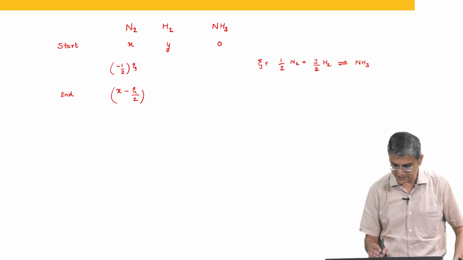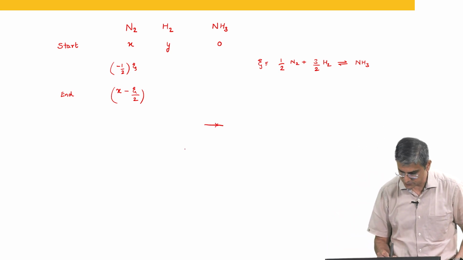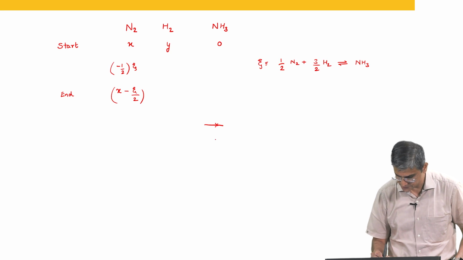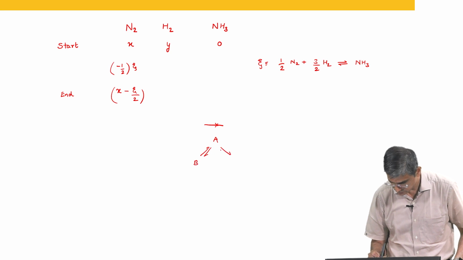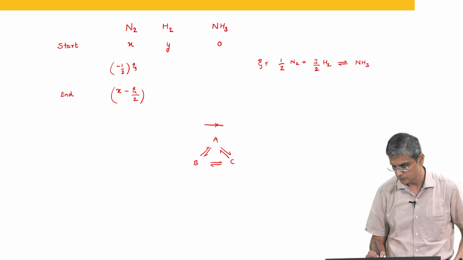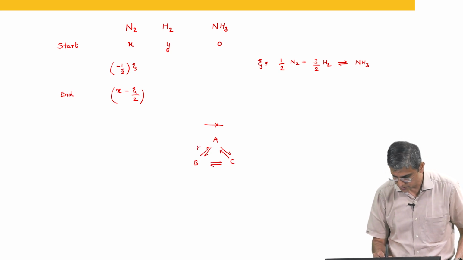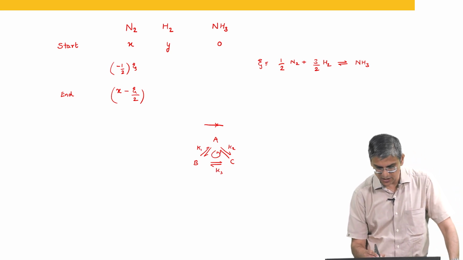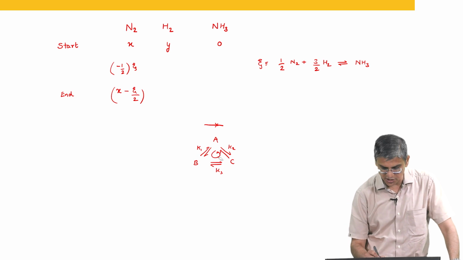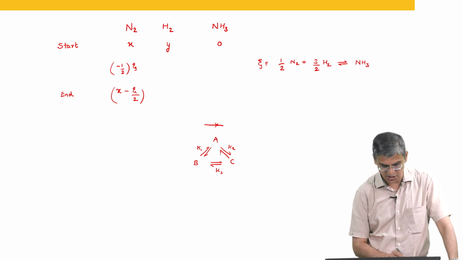In the second example, you have isomerization, you have 3 isomers. You have K1, K2, K3, and the idea is that if you start with A and end with A, then your delta G is 0 because delta G is a state function.